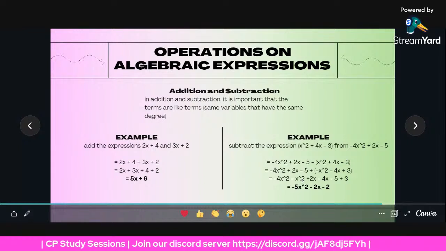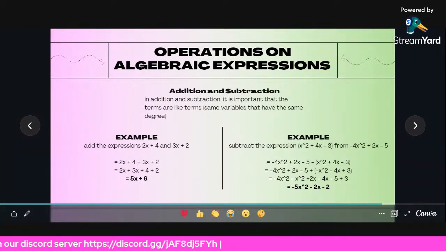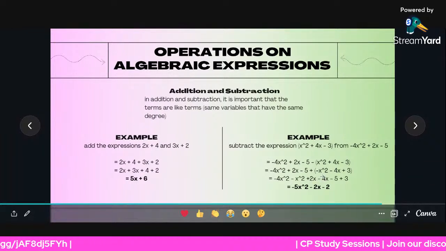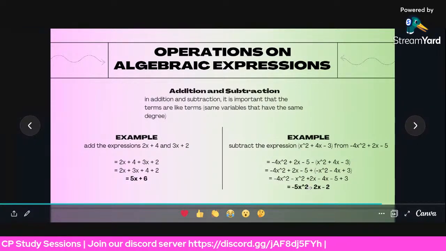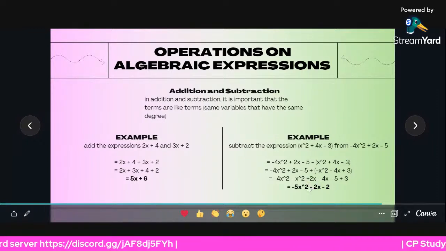Then, kuhain mo yung sign nung digit na mas mataas yung value, which is yung 4, yung mas mataas na value. Then, yung sign niya is negative, kaya naging negative 2. Then, you copy the variable nilang dalawa, which is x, kaya naging negative 2x.